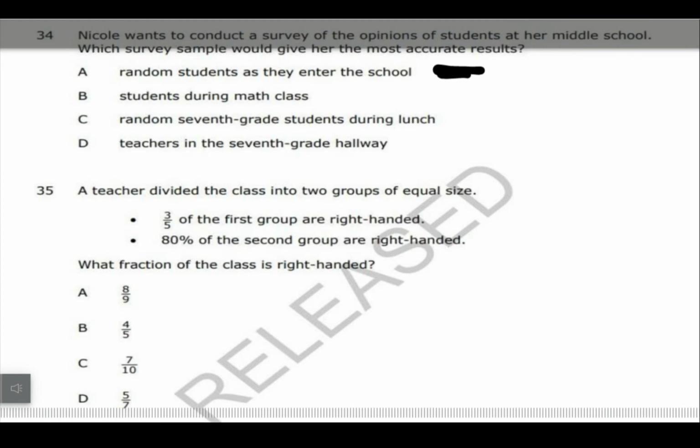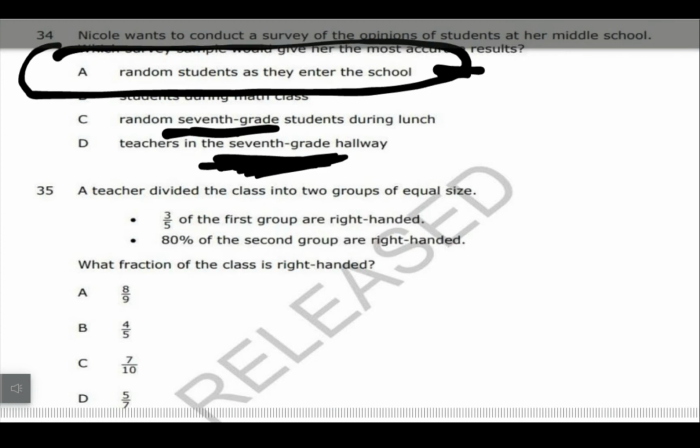If we're looking at C, that's only 7th grade students, so again, not a very good variety. And then if we're looking at teachers in the 7th grade hallway, that's again only one specific grade level. So this is probably the best because it's random, and as people enter, there's going to be different people from different grades. So A would be the best survey for that.